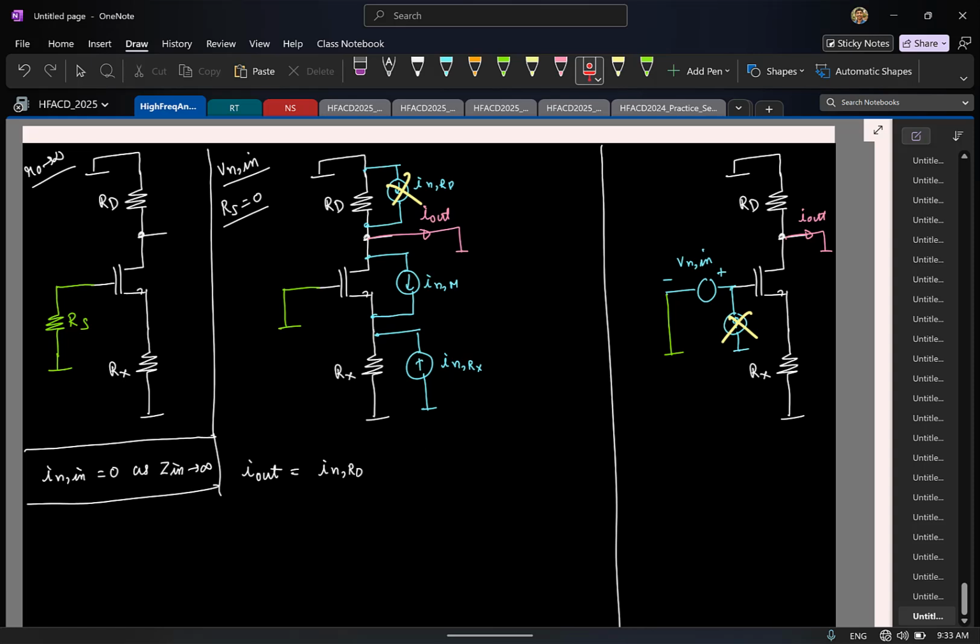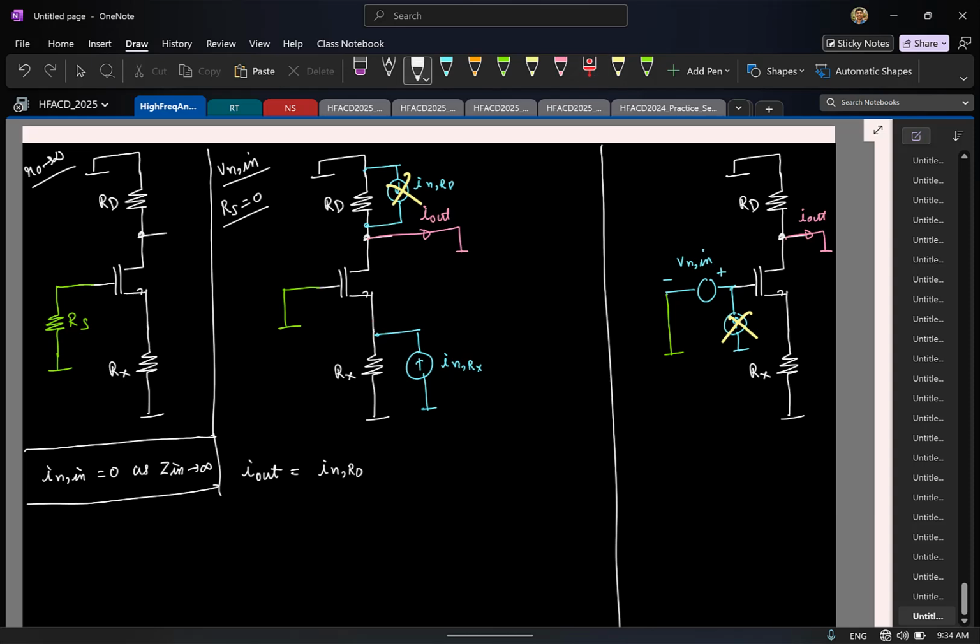Now let's look at this one. I have this current In of RX that is getting pushed into this node. Again, I am using superposition, so I will not ignore the MOSFET's current for now. Okay, let's remove it to avoid clutter. This current is getting pushed here. So how much of it will flow through the output? Will the entire current flow through the output, or something will happen? Current division between what and what impedances? What is the impedance looking up? 1 by gm.